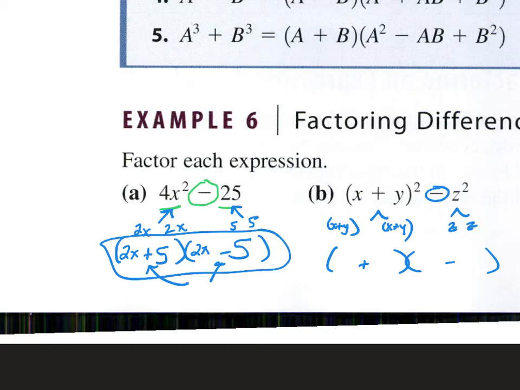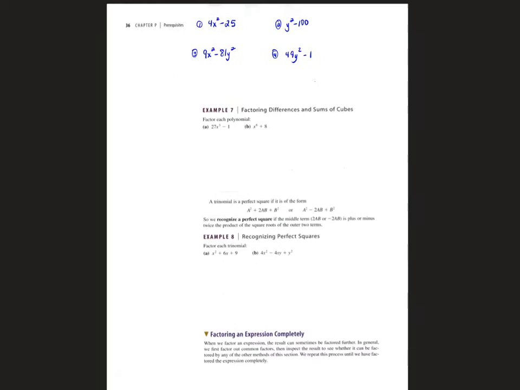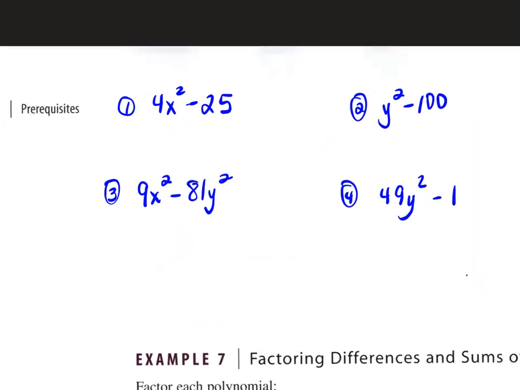So the only thing you have to do here is write x plus y at the front, x plus y at the front, and then z in the back. Our signs are different. There's your difference of perfect squares. That is going to happen when you have two terms, a minus sign in the middle, and both the terms that you're looking at are perfect squares. So let's look at these. You guys are going to get really good at these.